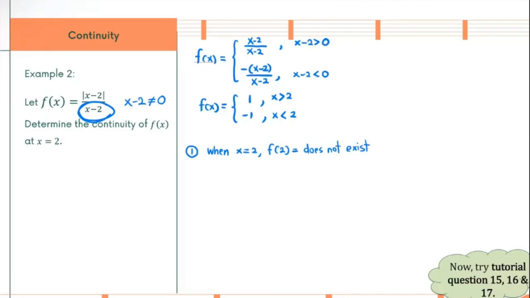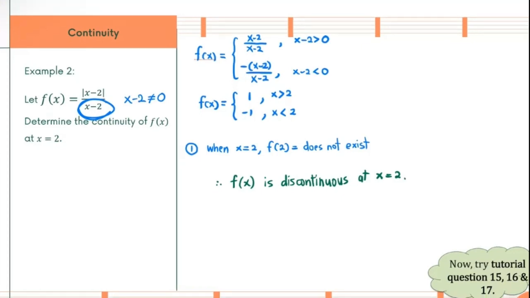So, bila dia does not exist, that means dia dah tak satisfy one of the condition untuk continuity. So, salah satu saja tidak satisfy. So, therefore, I can terus conclude f of x is discontinuous at x equals to 2.